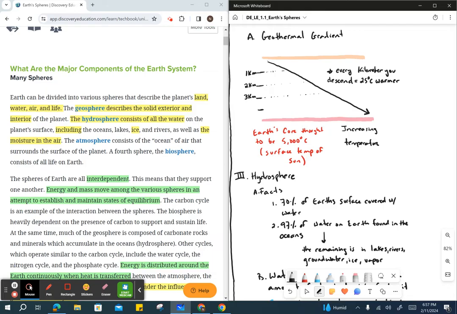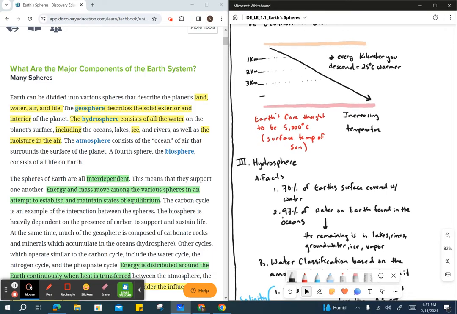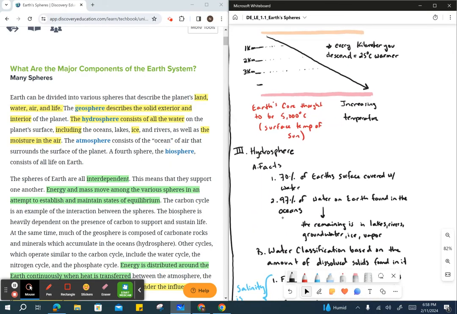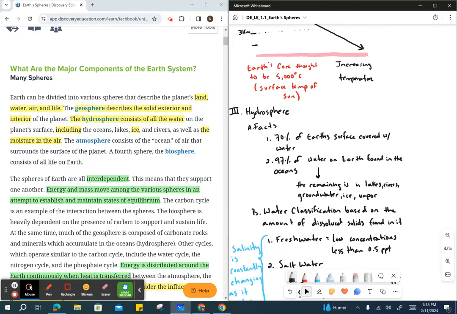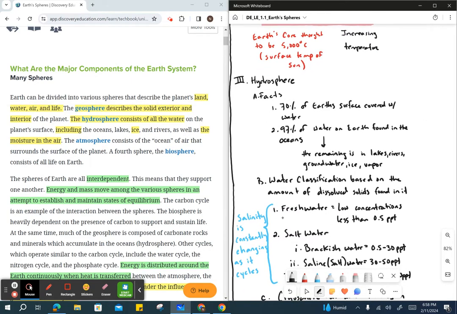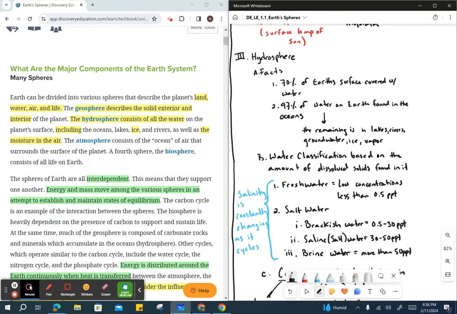Pretty warm, right? That's called your geothermal gradient, by the way. This idea that it gets warmer as you go deeper into Earth's interior. Okay, you will hit a point where it doesn't get any warmer, and that's when you get to the core, about 5,000 degrees Celsius, which is about the temperature of the surface of the sun. May be like, oh, wow, we're as hot as the surface of the sun. No, the core of the sun is really quite hot, millions of degrees Celsius, all right?